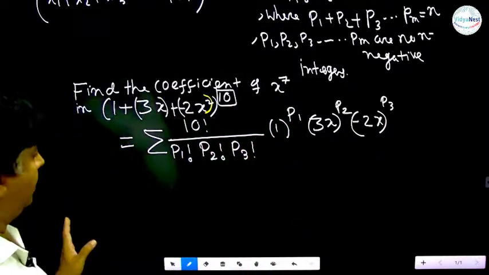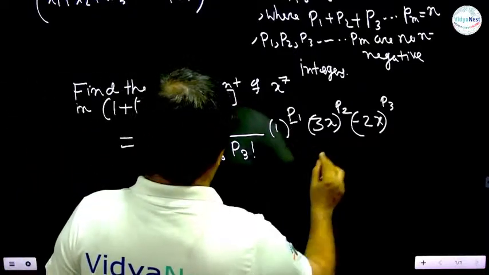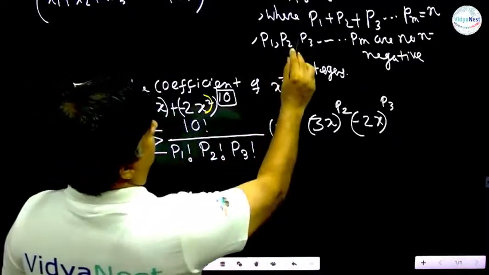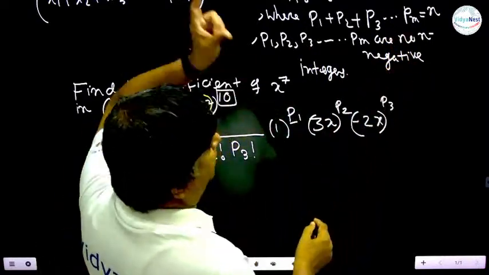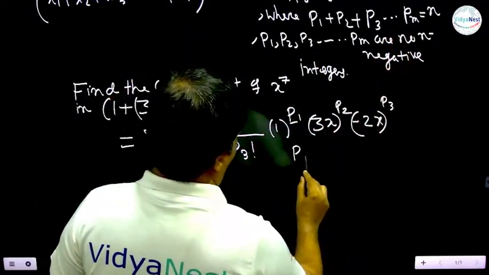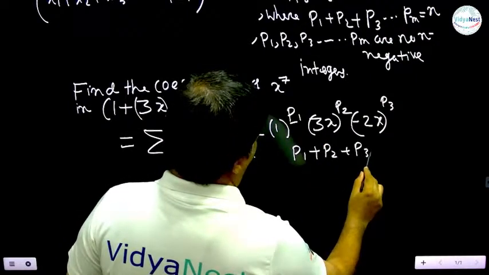Okay, sir. Okay, now how p1, p2, p3 related? इसका जो समेशन है वो 10 होगा. हाँ, यहाँ पे देखो p1, p2, p3 अप टू pn, समेशन वो एक्सपोनेंट n होगा. तो p1 plus p2 plus p3, that will be 10.